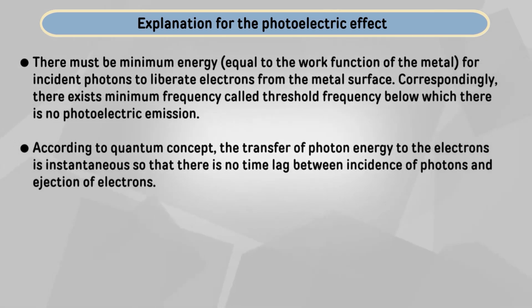We have 3 observations. First, the photocurrent as a function of intensity: as intensity increases, photocurrent increases. Second observation was related to frequency. When we provide energy at a frequency greater than the threshold frequency, the photoelectrons will be emitted and in turn we get the photocurrent; that minimum frequency is known as the threshold frequency.